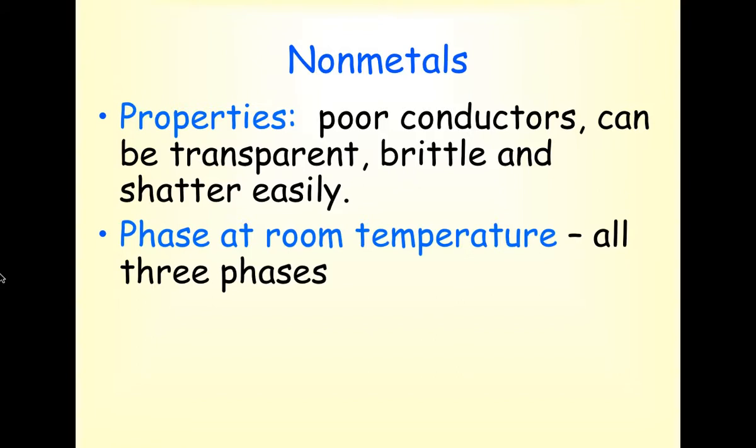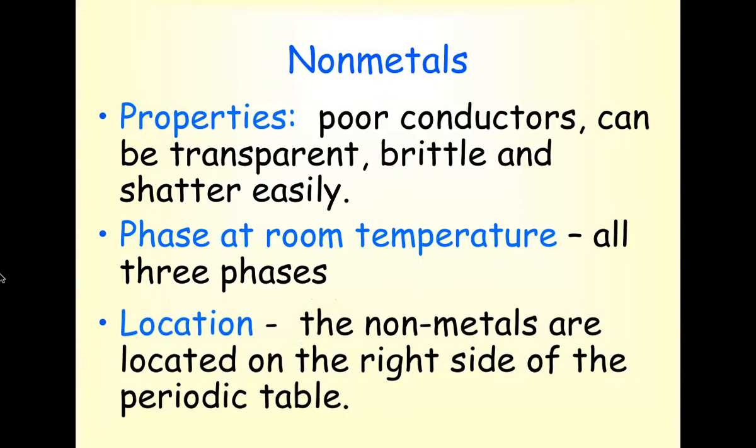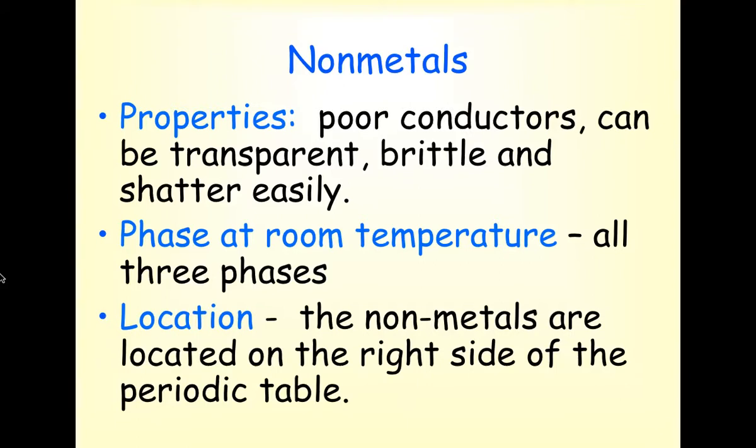We have a bunch of gases like hydrogen, helium, oxygen, nitrogen, fluorine, neon. We have a liquid in bromine, and several solids: sulfur, iodine, and astatine. Nonmetals are located on the right-hand side of the periodic table, to the right of the staircase.